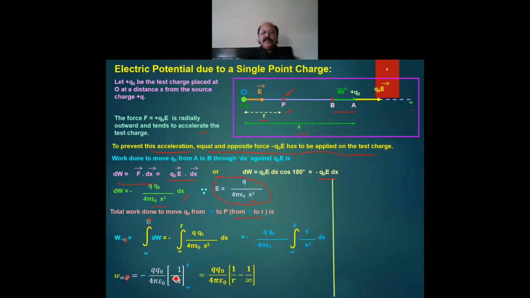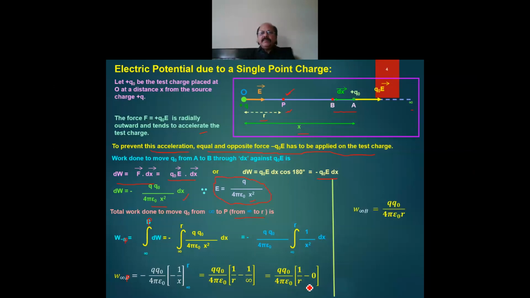So minus minus becomes plus, which is equal to q naught Q upon 4 pi epsilon naught times 1 upon r, upper limit, minus the lower limit, 1 upon infinity. So 1 upon infinity is 0. So finally we get q naught Q upon 4 pi epsilon naught within bracket 1 upon r minus 0.